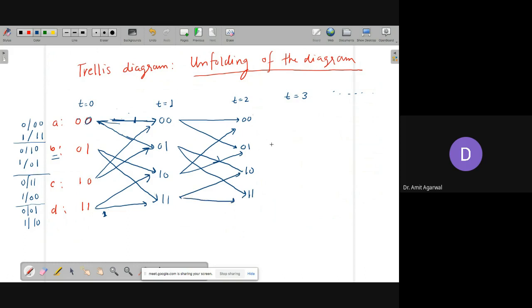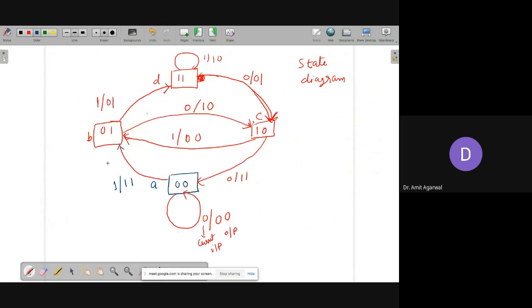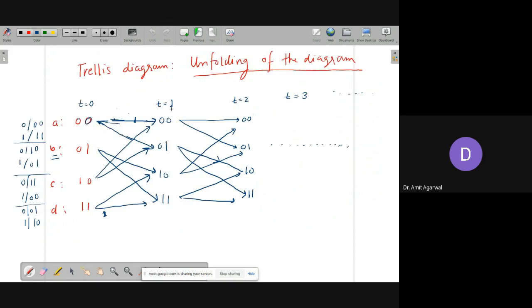So similarly, it will continue. This is an unfolding of your state diagram, because in the state diagram you have seen only one snapshot. But now you see with time how your states are changing, and what is the corresponding output we have written here.